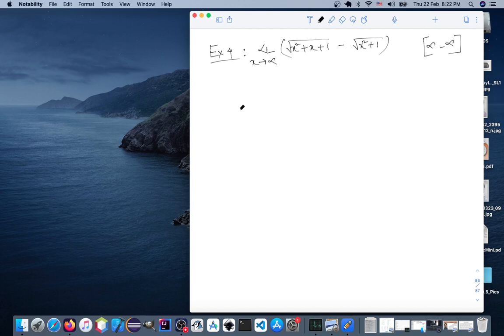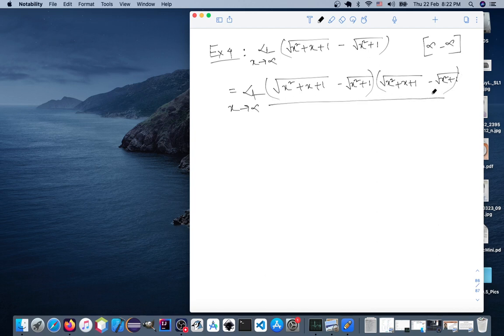We divide with the same conjugate term, plus root over x square plus 1.